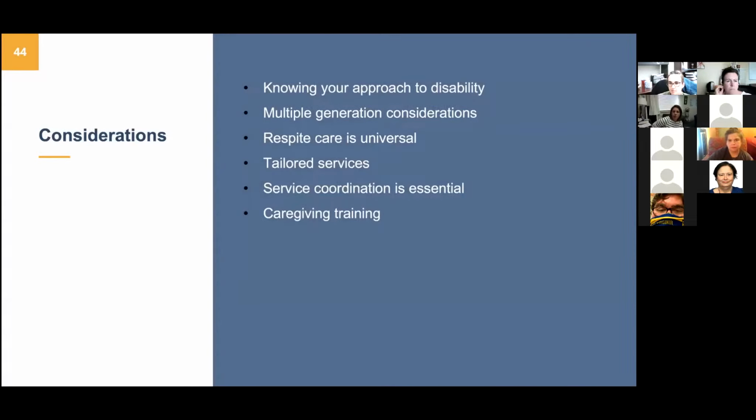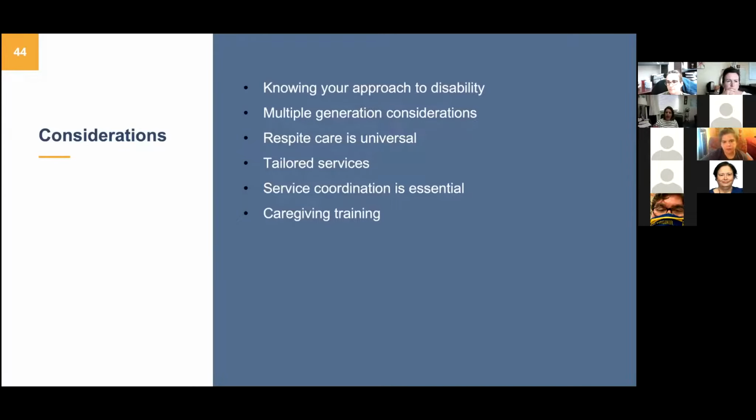All right, so what is your approach to disability? You don't have to say it, but think about what your approach has been. What's your facility's or institution's approach in general, of those 4 or 5 approaches that we talked about? Do you consider the individual, or the individual within his or her family and larger context?